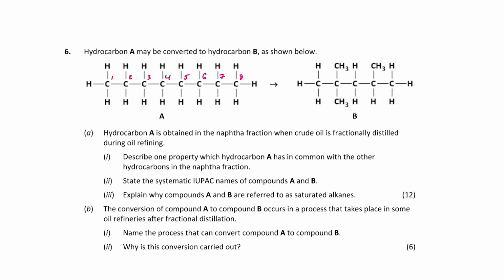We'll do the same process now again for hydrocarbon B. So we'll go out and find our longest chain. So we have 1, 2, 3, 4, and 5. And that will tell us that this is a pentane. Again, it's all singly bonded carbons, so it's an alkane. But we also have 3 other groups on here. So we have this methyl group, and this one up here as well. So what we're going to do here is we're going to have a look at where they are in relation to the carbons.